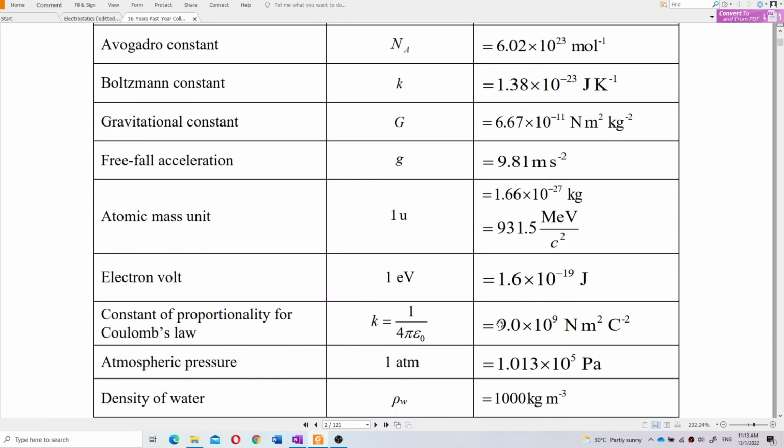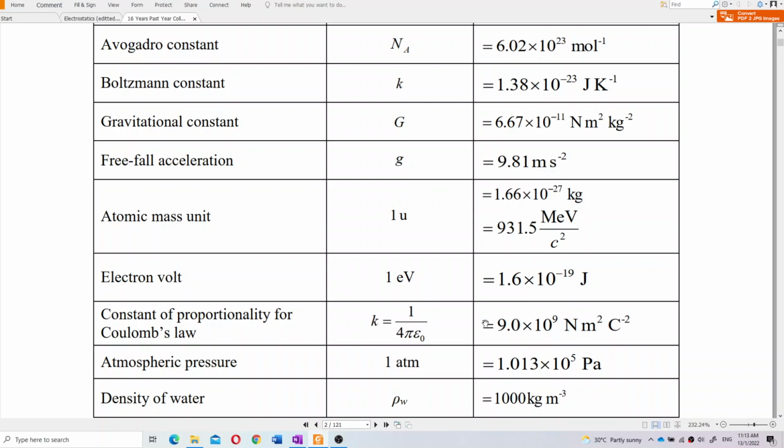So it's 9 exponent 9, not 1.38 exponent negative 23. This one is joule per kilogram, about energy, you see. This one is charge, Coulomb, so this is the correct unit. So be careful, use the correct value of K.